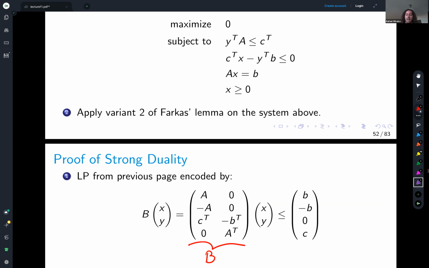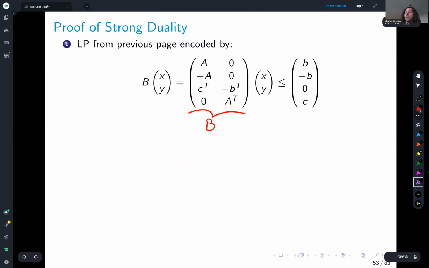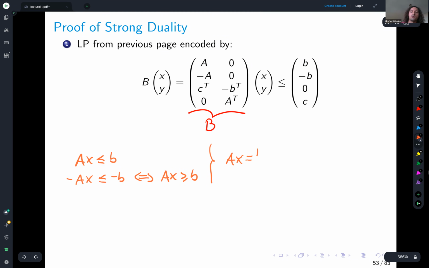Now let's unpack what these inequalities are doing. The first inequality is just saying that AX is less than or equal to B. The second inequality is saying minus AX is less than or equal to minus B, which is equivalent to saying that AX is greater or equal to B. So those two together are encoding AX equals B.